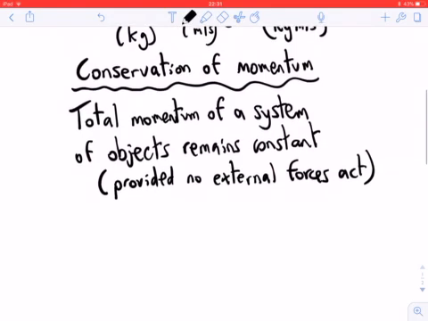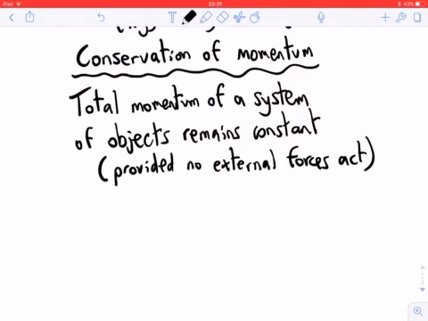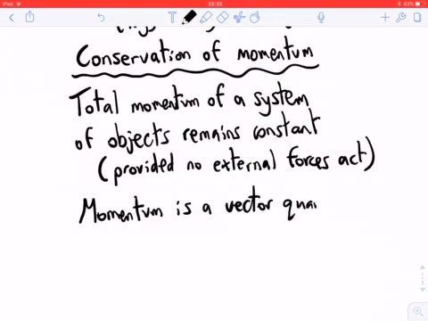And we're going to see how we can apply that law to analyse the motion of objects when they collide or during explosions. There's just one other point we need to notice about the idea of momentum. Momentum is a vector quantity, which means that it has size and direction.